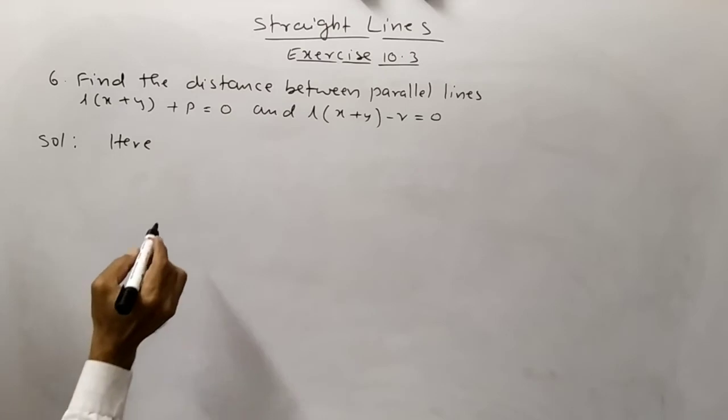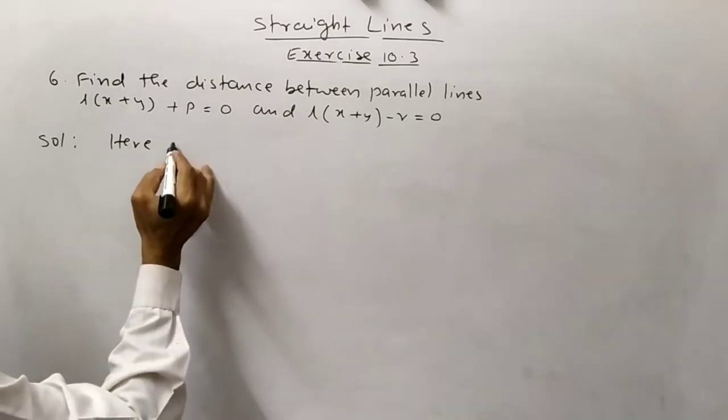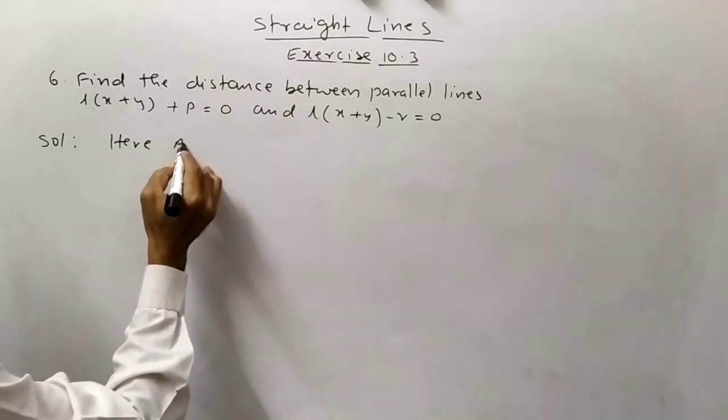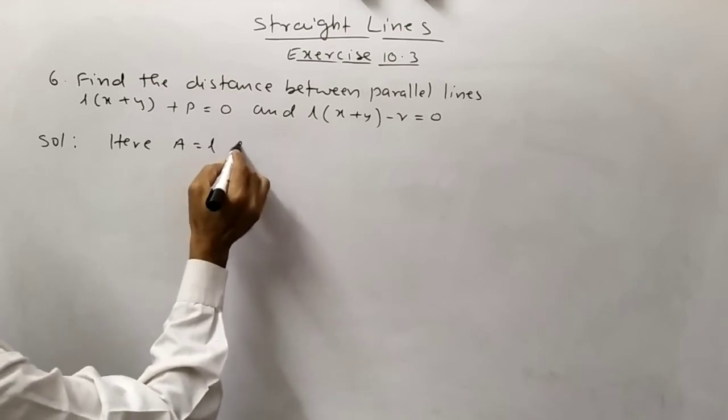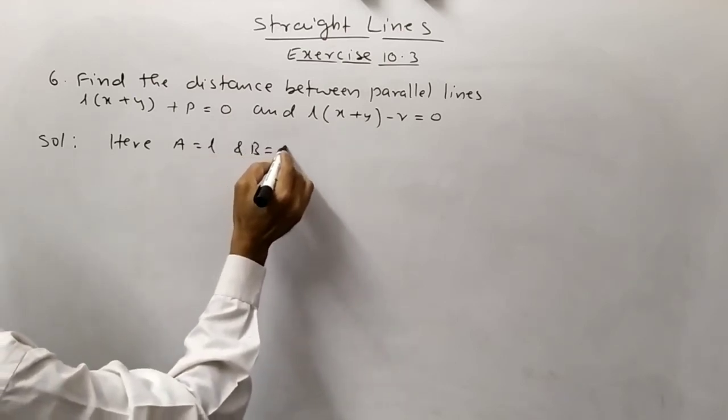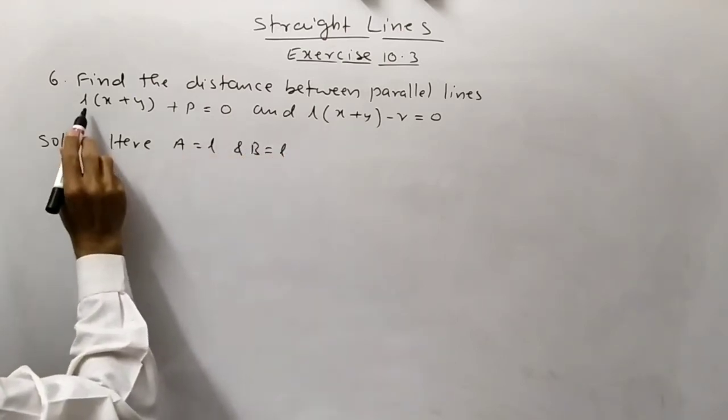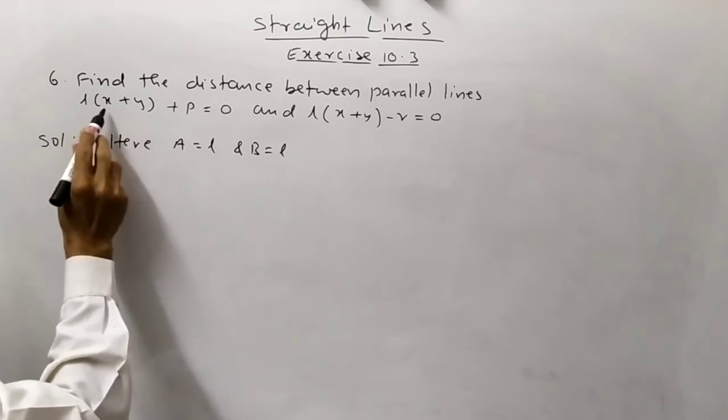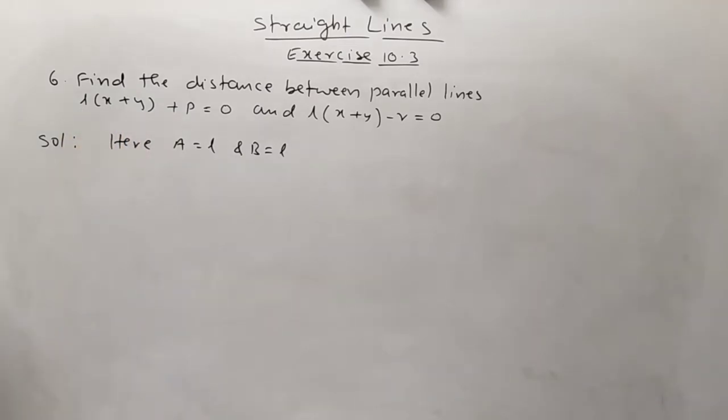Here A is equal to L and B is equal to L, because this equation can be written as Lx plus Ly.